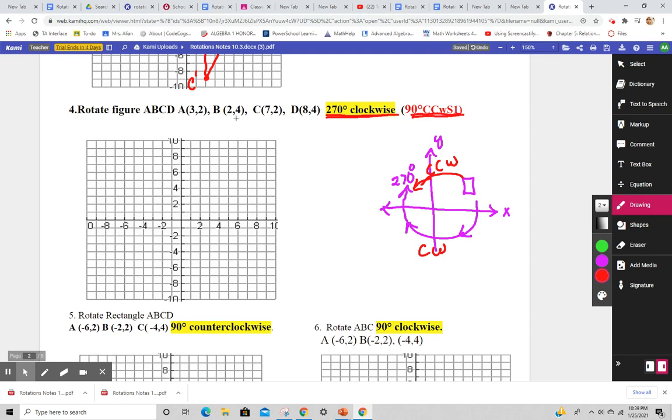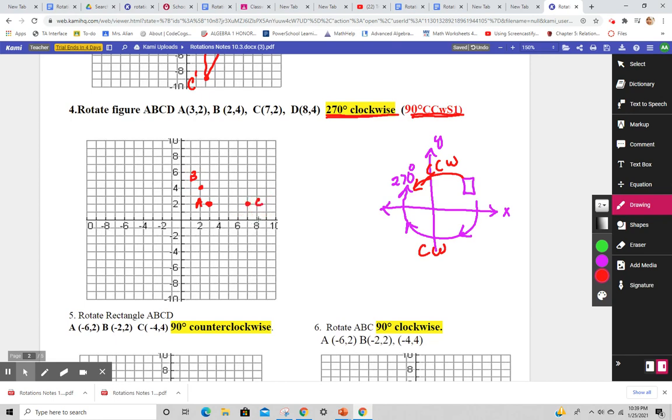All right, so let's plot these points. A is located at 3, 2. 3, 2 is right here. This is A. B is located at 2, 4. C is located at 7, 2.